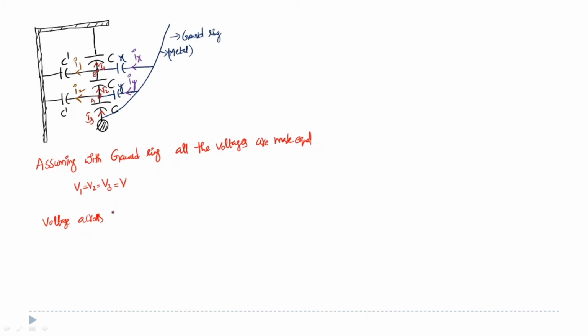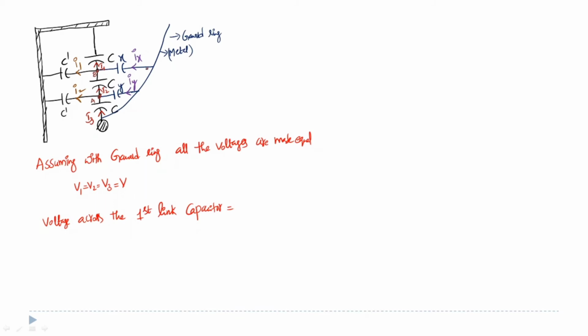We can easily find the voltage across this, because one end of this capacitor is connected here and the other end is connected here, and it is the same as this end, so the voltage becomes V. Similarly, for this it becomes 2V.